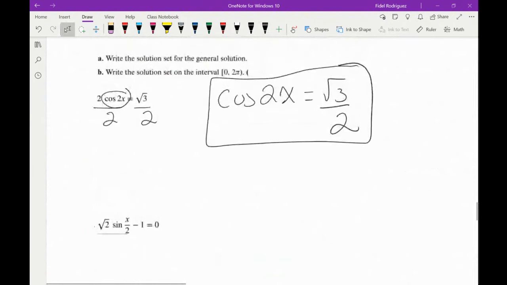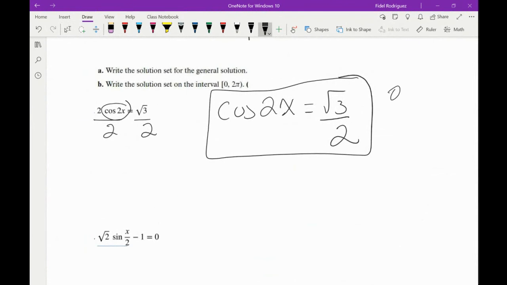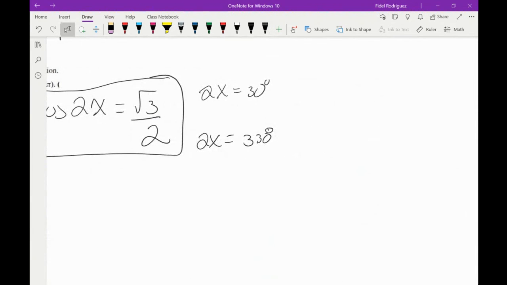Okay, so now look, we're going to come back over here, and we're going to say 2x is equal to 30 degrees, and 2x is equal to 330 degrees, okay? So guys, if 2x is equal to 30 degrees, do you all agree with me that this would mean that x is 15? And if we were to divide this one by 2, isn't that going to be something like 165?